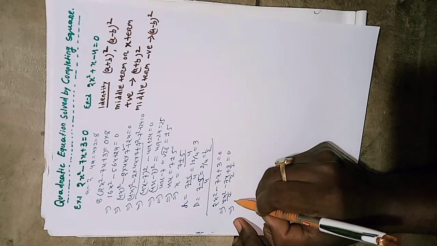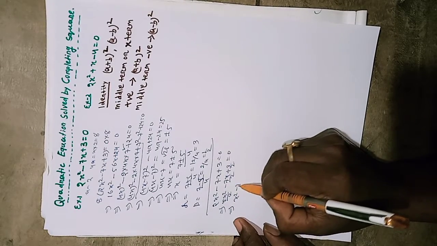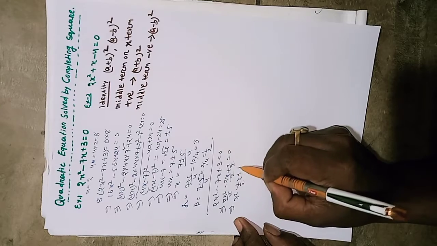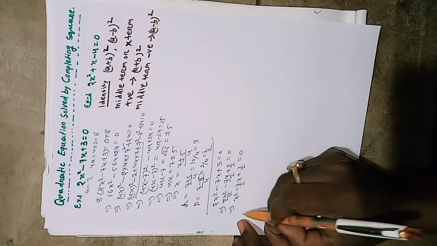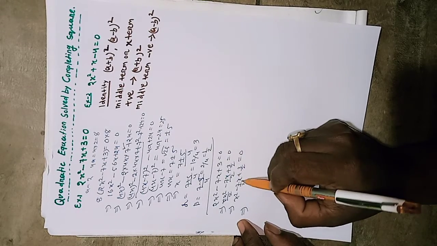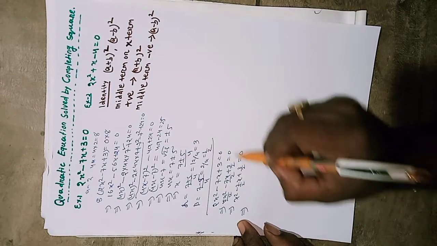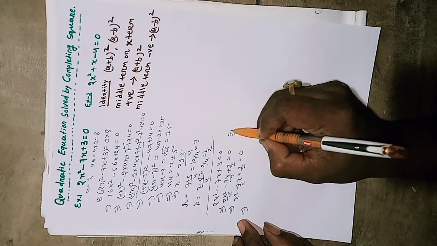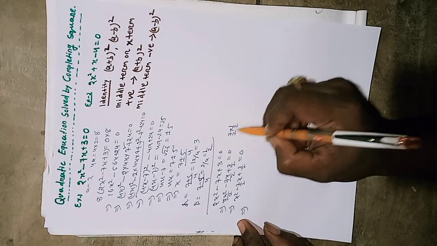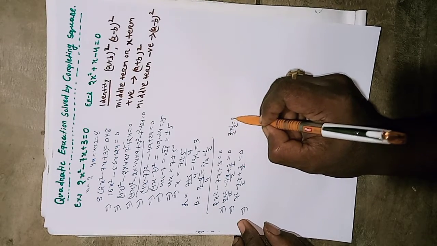Implies that 2 cancel. x square minus 7 by 2 x plus 3 by 2 equal to 0. Implies that now find the half of the coefficient of x. Coefficient of x is equal to 7 by 2. Half means multiply 1 by 2, which is equal to 7 by 4.